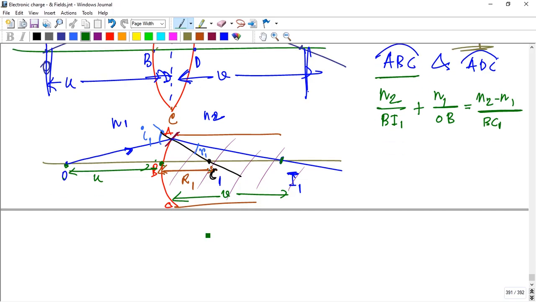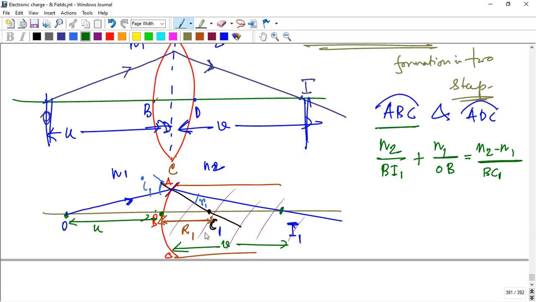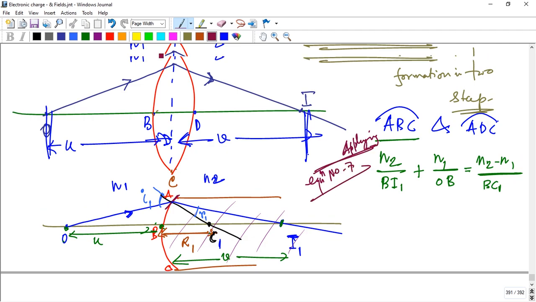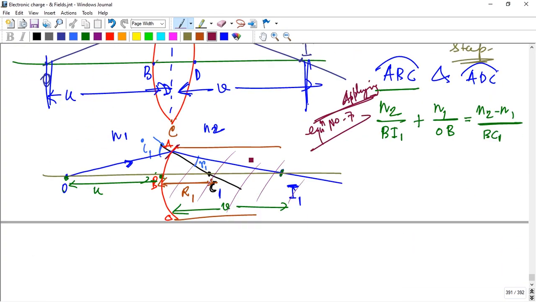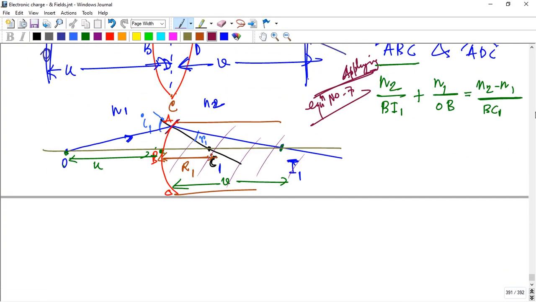That's the first, left surface, the ABC surface. Now we jump to the right surface. Here we again apply equation number 7, don't be confused. Now the other surface is the ADC surface, this surface, with the dense medium here.